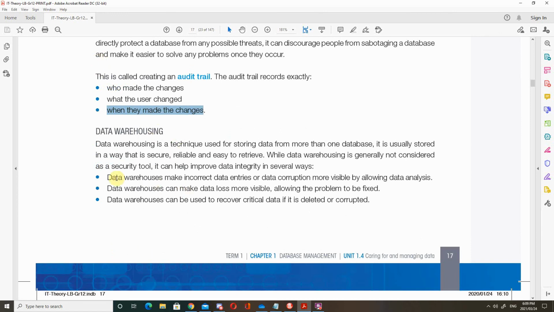Data warehousing, make incorrect data entries, corruption visible. Data warehouses can make data loss more visible, allowing the problem to be fixed. Data warehouses can be used to recover critical data if deleted or corrupted. So a data warehouse can be used like a backup system.